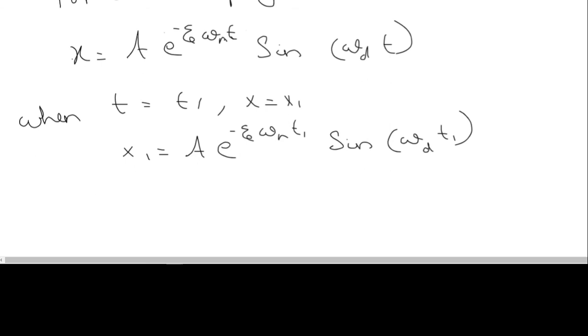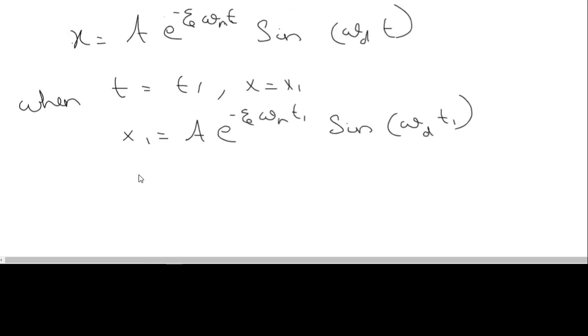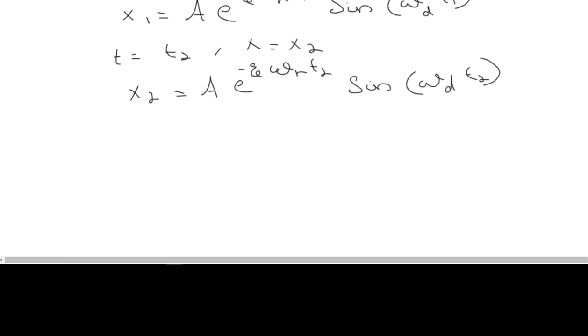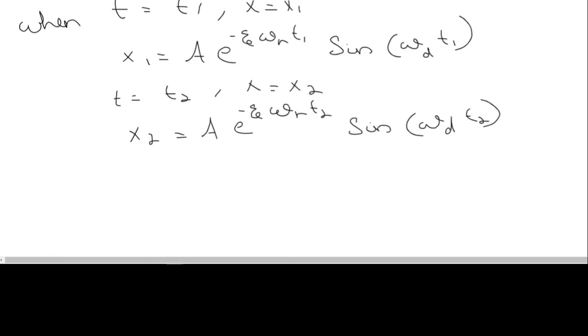Similarly, if you go for x2, for t is equal to t2, x will be equal to x2, and x2 will be equal to a times e to the power of negative epsilon omega n t2 times sine of omega d into t2.